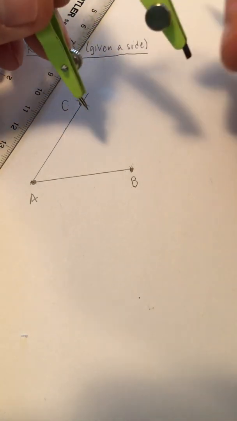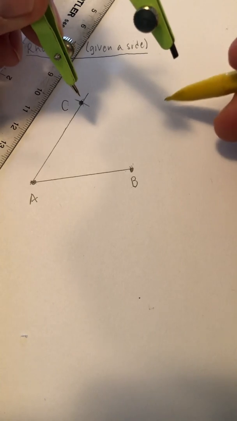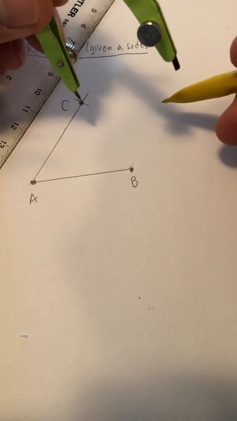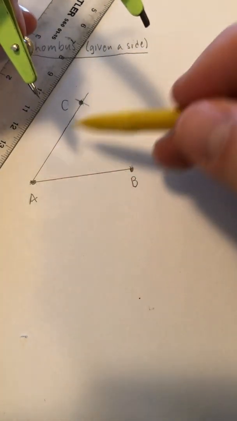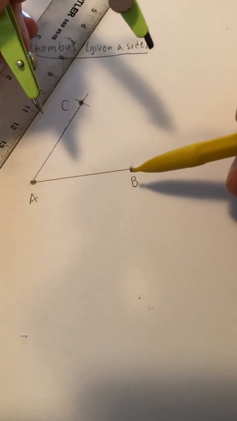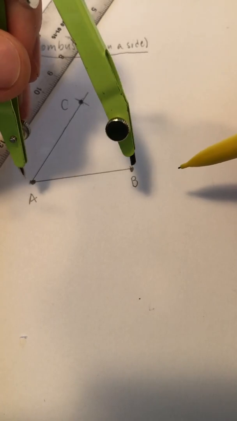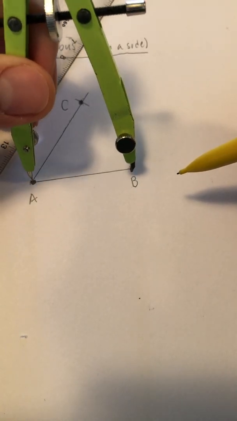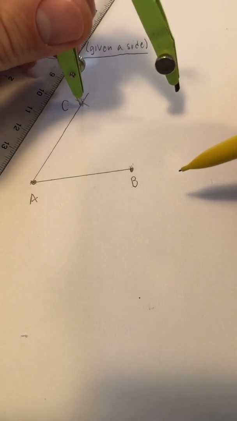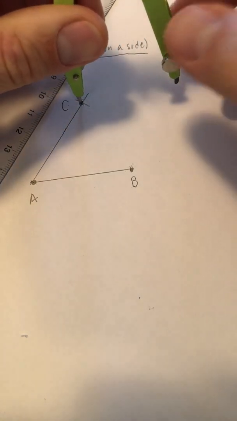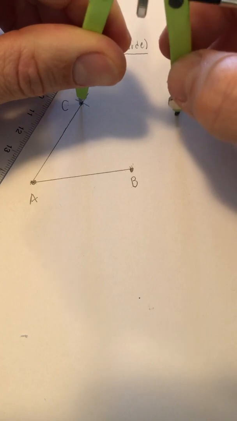Now I need another point out here to complete the rhombus. Now to construct that point, it has to be the same distance from A and C as AB. Okay, so I'm checking my compass to open up, see it's AB and AC. And I'm going to put my point on C, and I'm going to make a mark out here, just anywhere.